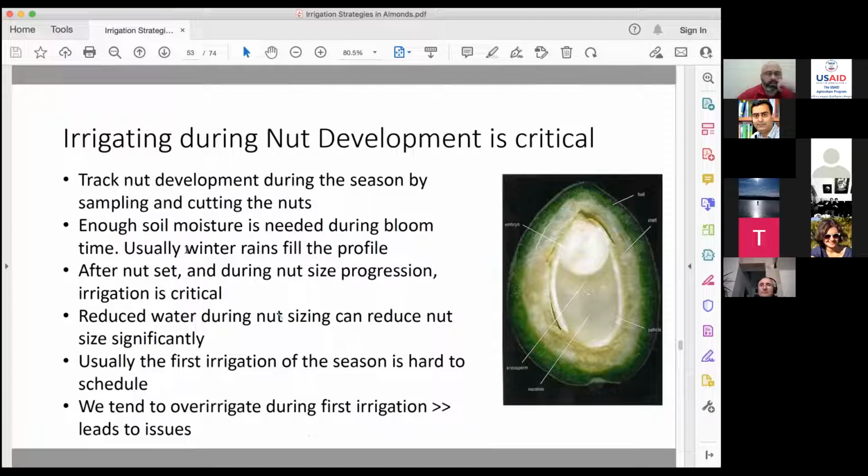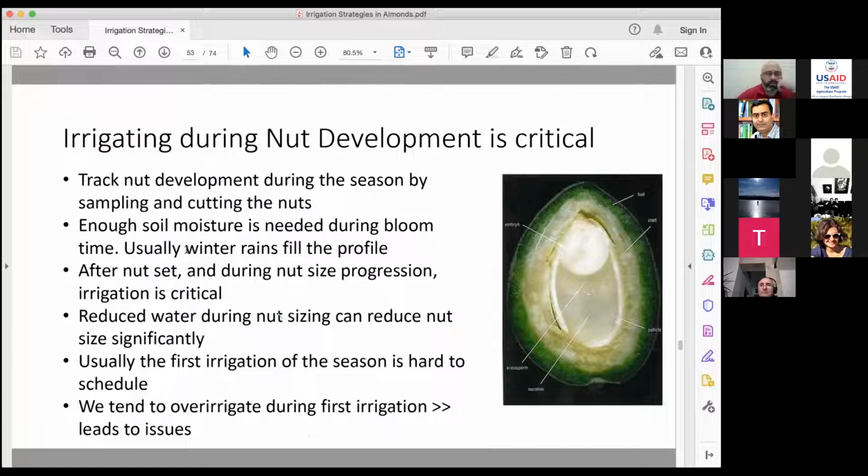You can keep checking your soil moisture. In California, for example, we have bloom in mid-February. The nut set happens right after bloom, during the first week of March, and then starts the rapid nut size development period.